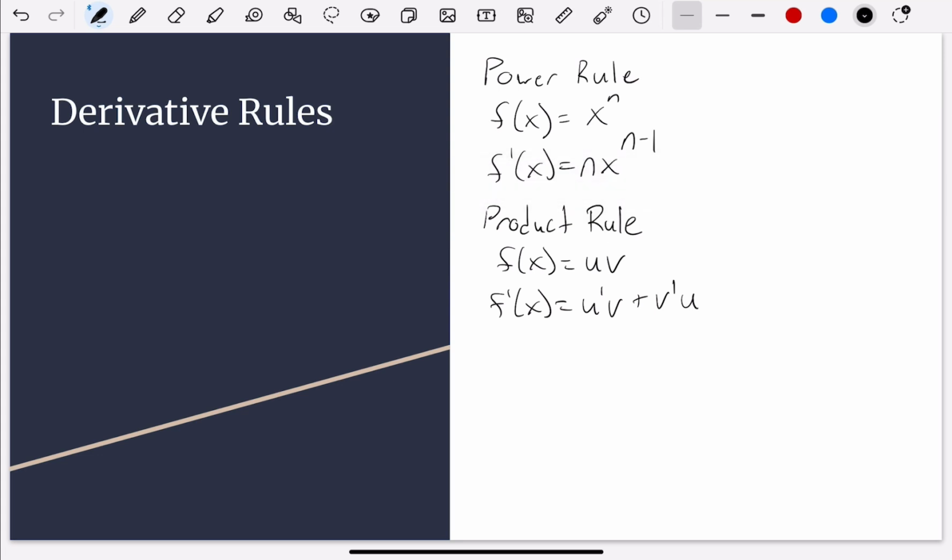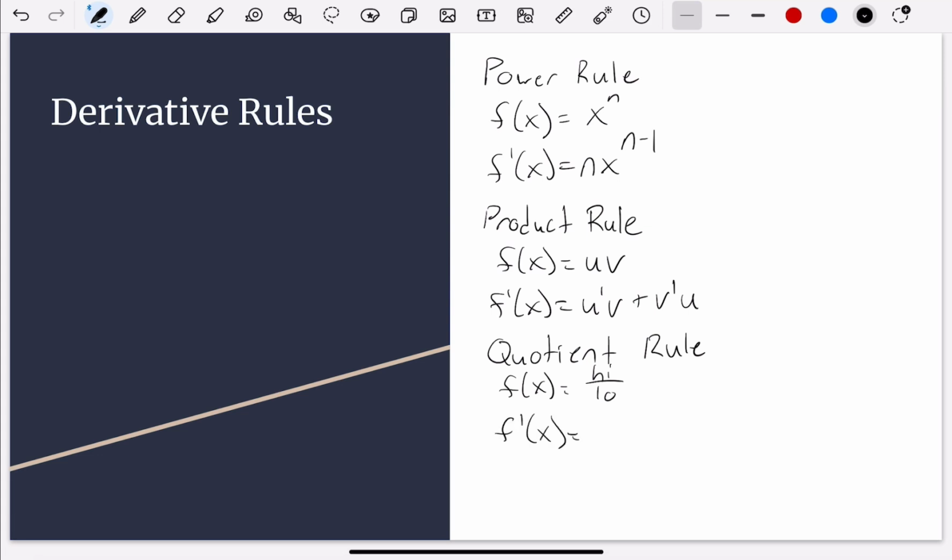And then lastly, we have the quotient rule. The quotient rule is when we have a rational expression, so a polynomial being divided by a polynomial. And we conveniently called it low and high. So we have when high is divided by low, so high could be 2x plus 4, low could be 5x squared minus 6, or something like that.